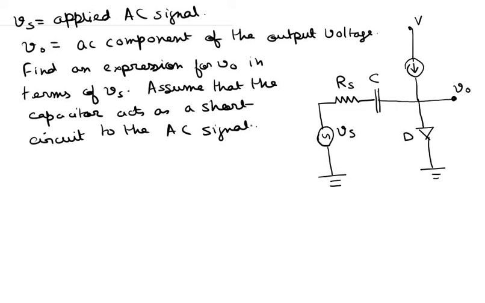Now note that to find out the AC component of the output voltage, first we have to find out the small signal AC resistance of this diode. Because how much voltage actually drops across this diode depends on the small signal AC resistance of this diode. Now this is a current source actually, an independent current source.